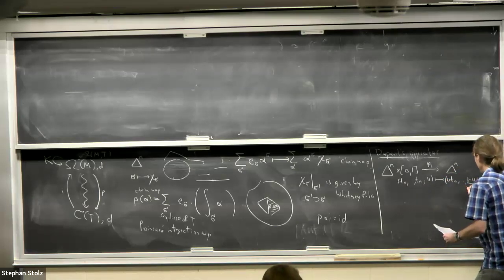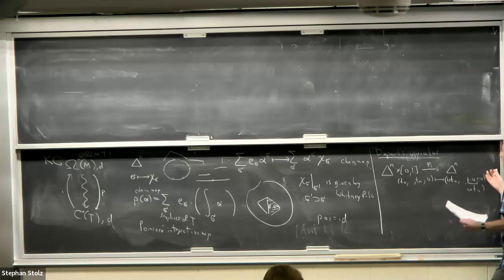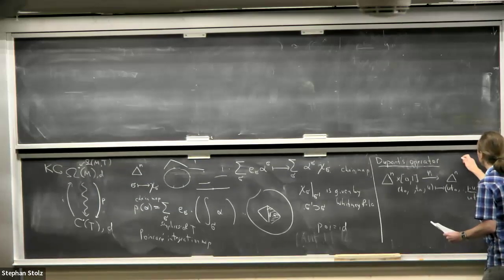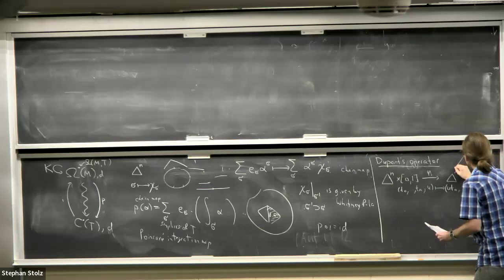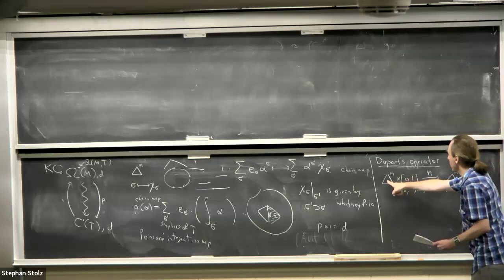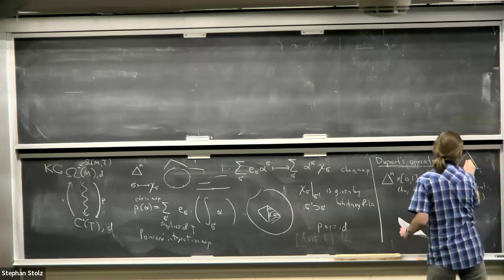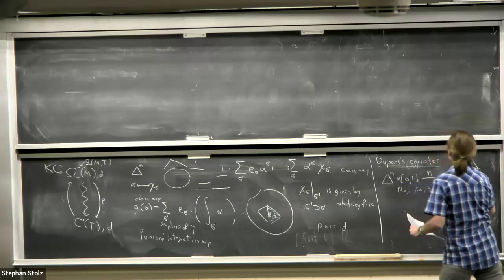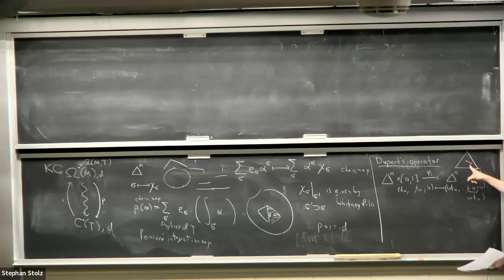This looks like a bizarre formula, but its geometrical meaning is very simple. You take your standard simplex and fix the ith vertex, and this map takes a generic point in your simplex and pulls it towards the ith vertex by a factor of u, so that when u is equal to 1, it doesn't do anything to the point. If u is equal to 0, it pulls it all the way to the vertex. For u in between, for u equal to 1/2, it pulls halfway.